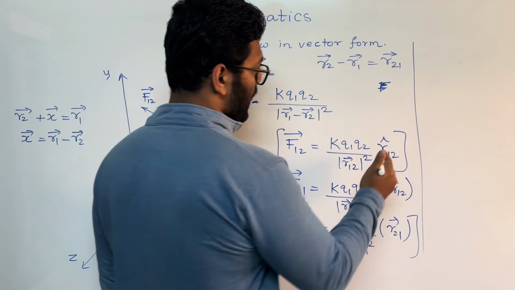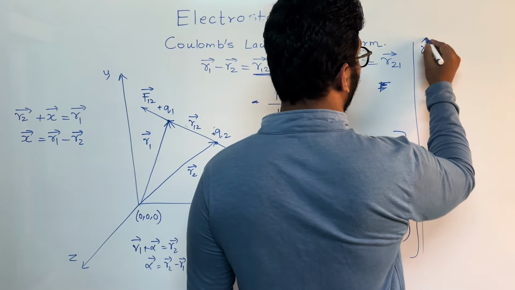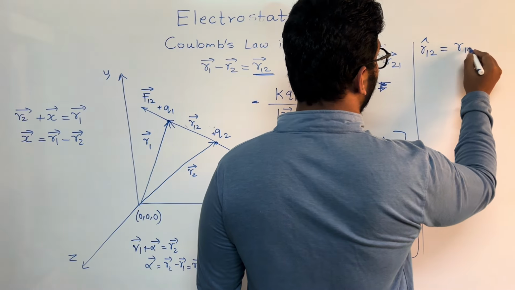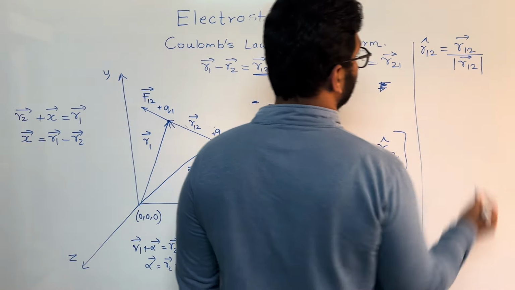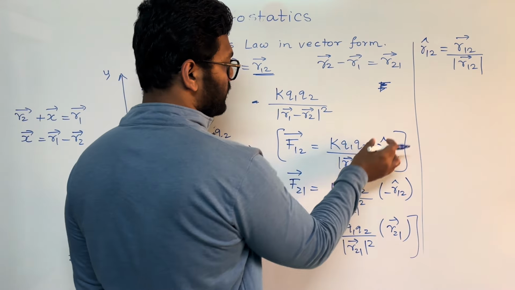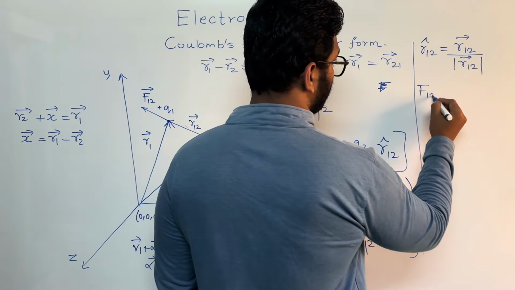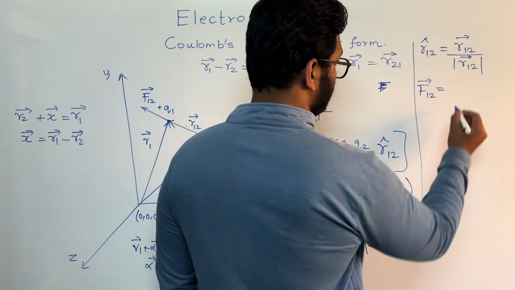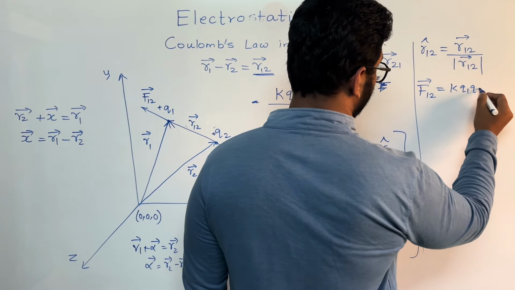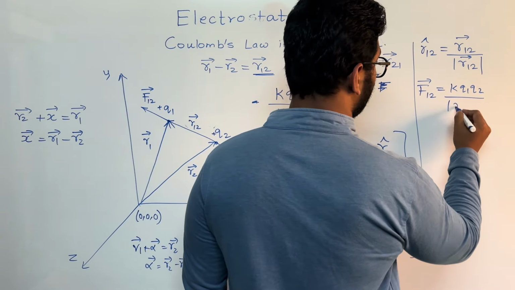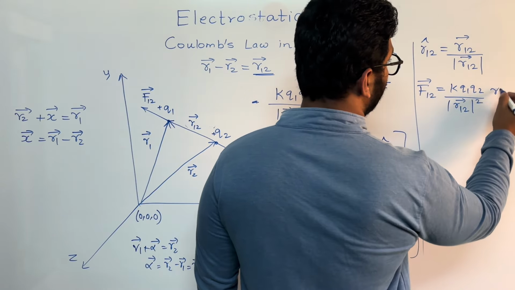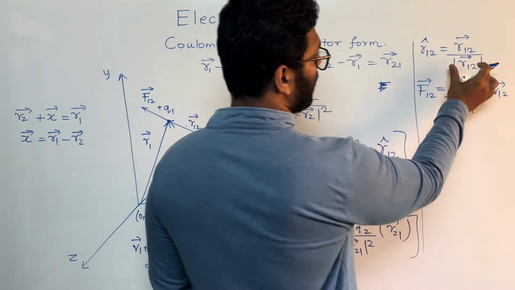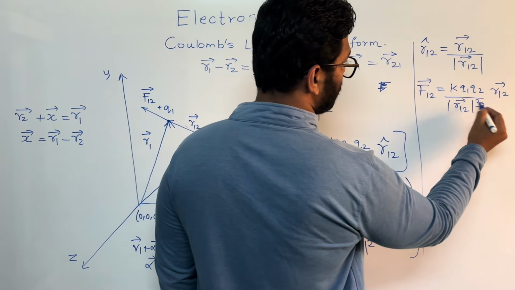R12 cap is nothing but R12 bar divided by the magnitude of R12 bar. If I substitute this value, F12 bar is equal to K Q1 Q2 upon R12 bar magnitude square into R12 bar divided by R12 bar magnitude again. So this will become cube.